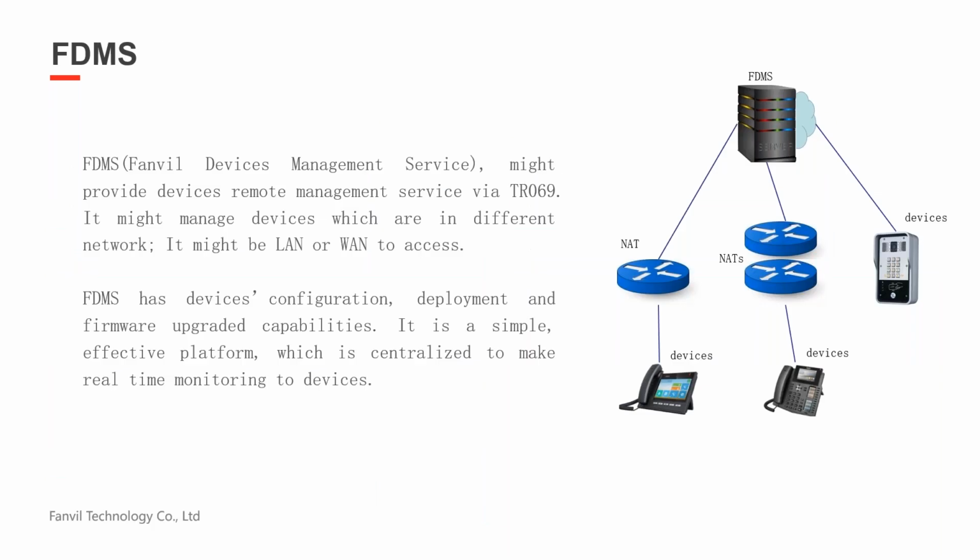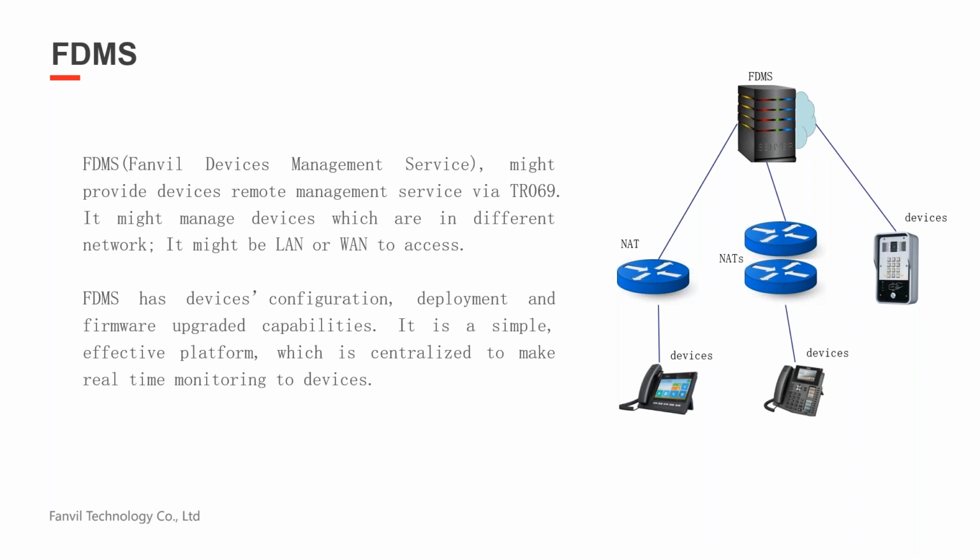First, let's see what the FDMS definition is. FDMS is the Fanvil Device Management Service. Actually, it is a standard protocol and application realized via TR069, so you can also treat it as a standard ACS server by TR069.